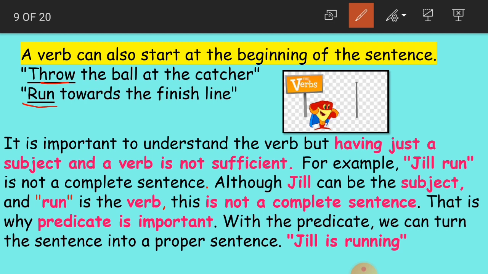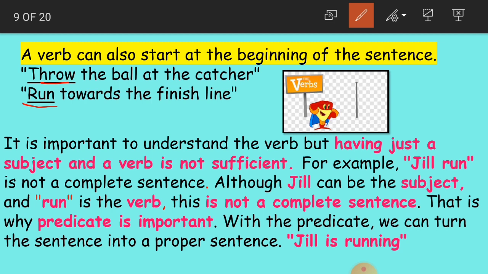Here it is important to understand the verb, but having just a subject and a verb is not sufficient. For example, Jill run. We cannot have only a subject and a verb.